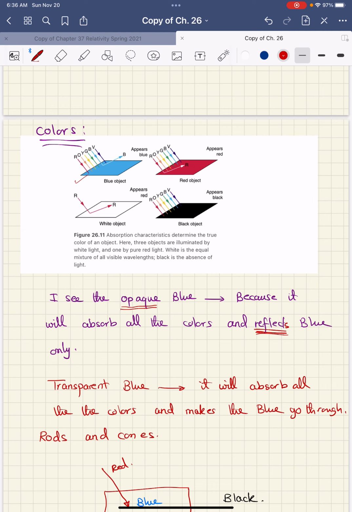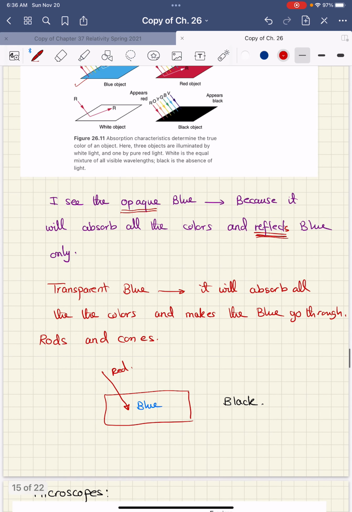White reflects all the light, so I have all the colors, and it reflects all, whereas black absorbs all, and there is no color that is reflected.